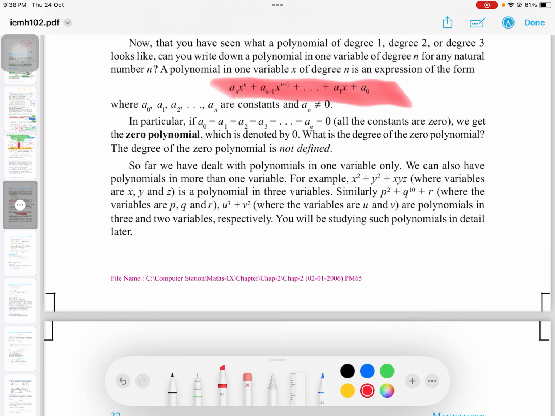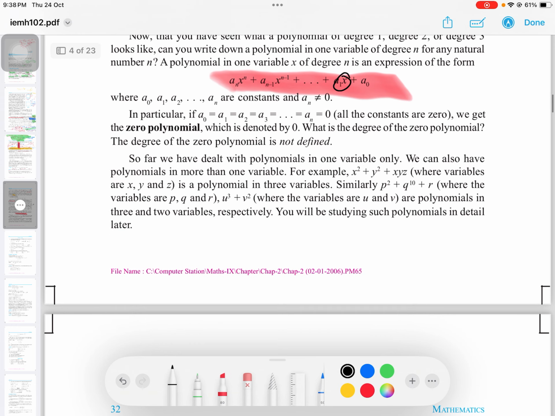Let n be any number. Let's say it's 1 trillion. So n minus 1 is a trillion minus 1, then n minus 2 is a trillion minus 2, and you can go on and on until you reach this value, and then this. This is the general basic fundamental formula for a polynomial in one variable x.